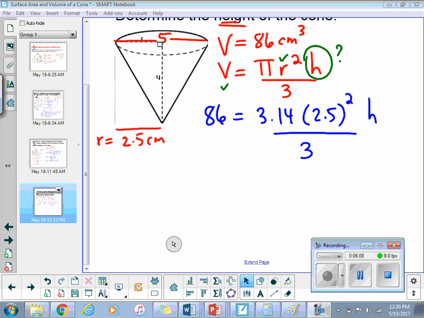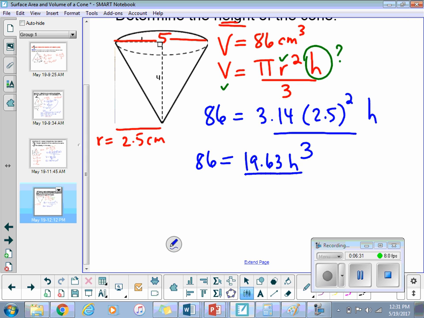Maybe you plugged everything in, and to make this a little bit easier, let's complete part of the right side. So 2.5 squared, and then multiply by 3.14 will give you 19.63, and the h is still there. All of that divided by 3.